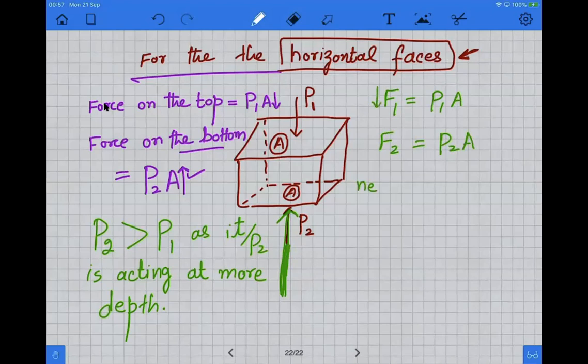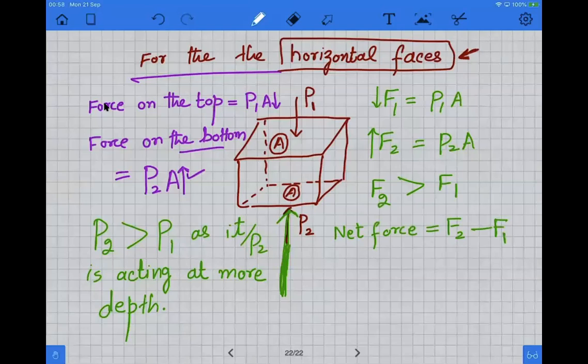The net force: this force is downwards, this force F is upwards, and these two forces are not balanced because F2 is due to the pressure that is acting at the bottom face. So F2 is greater than F1, and the net force that you will get is F2 minus F1.